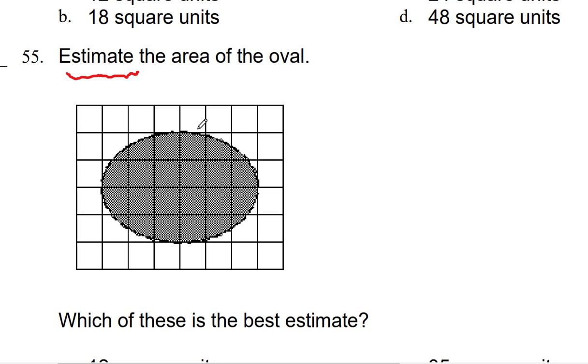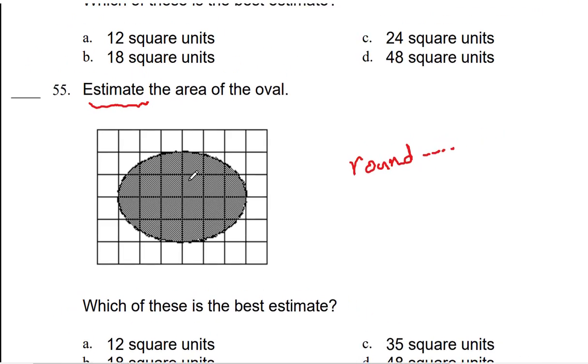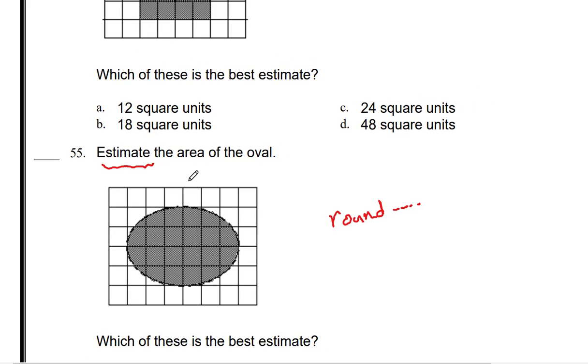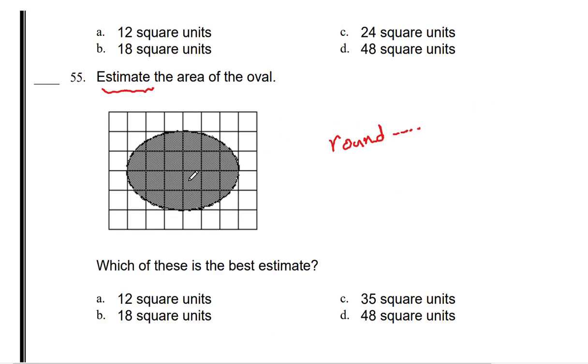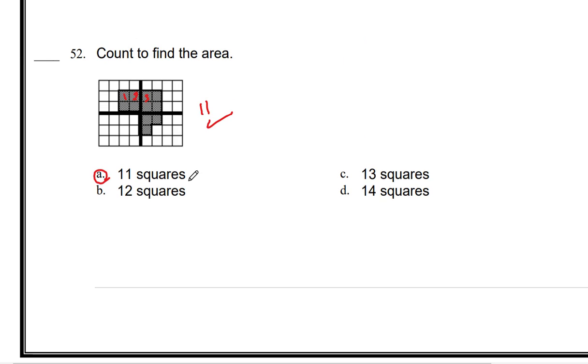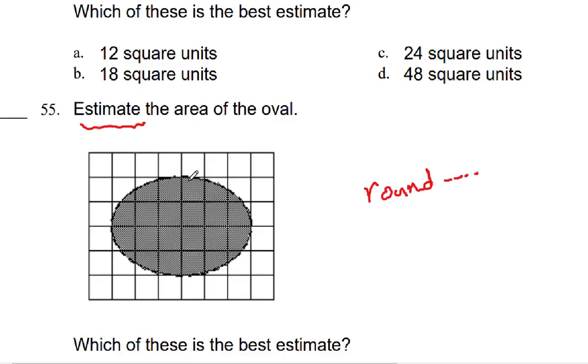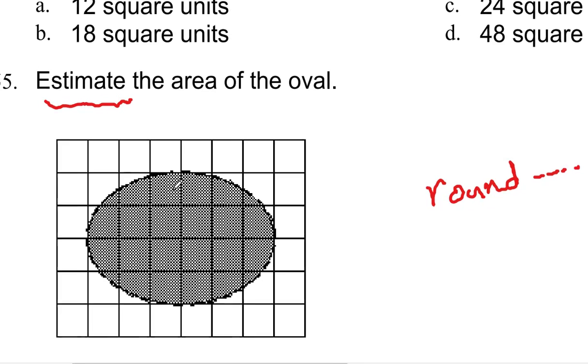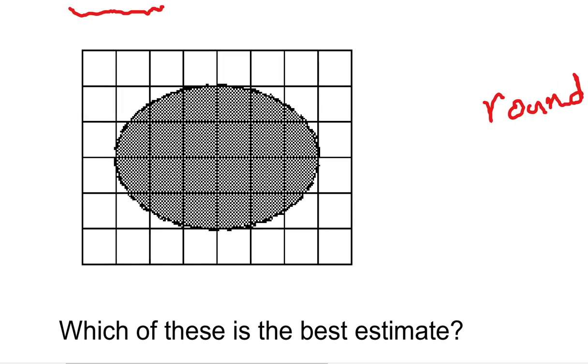Estimate the area means your answer should be something around a number, not the exact number like the other questions here. For 52 you just count, but for this one you need to do something else. Let's see. We will start first with, I will erase this.